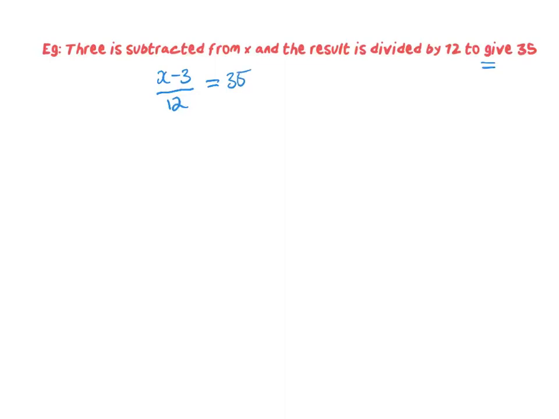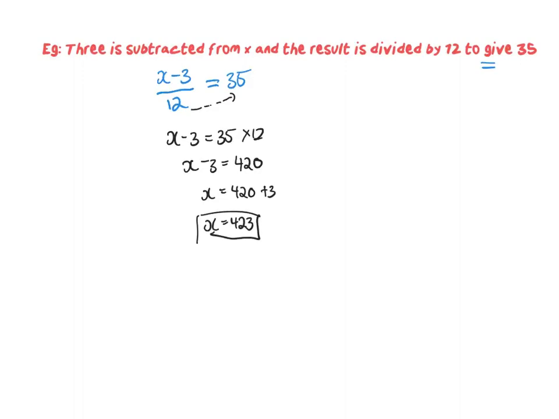The 12 is dividing there, so it will times on the other side. So x minus 3 equals 420, and then you get x equals 420, and that'll become plus 3. So x equals 423.